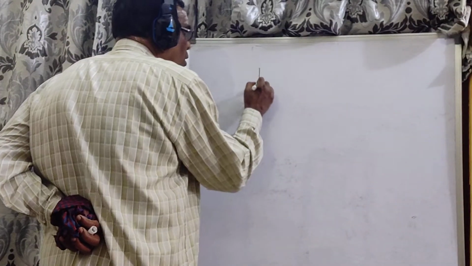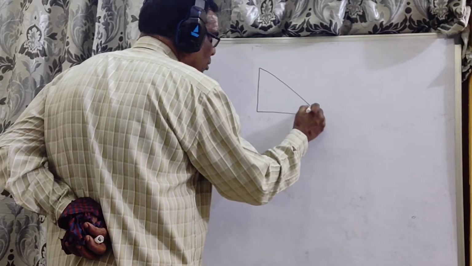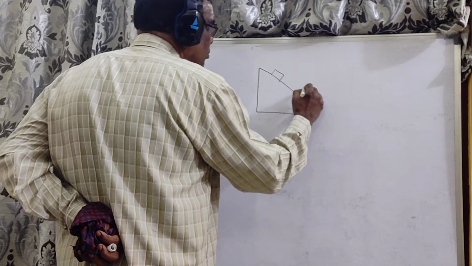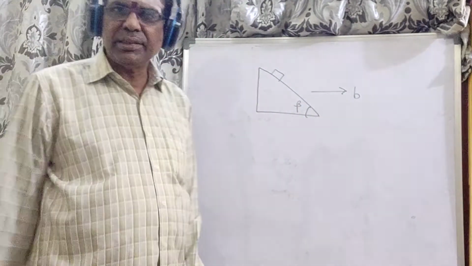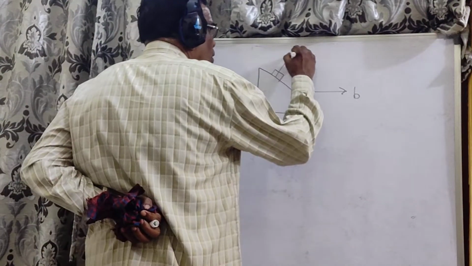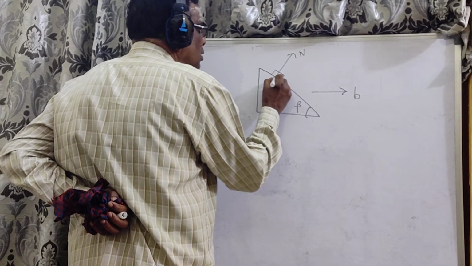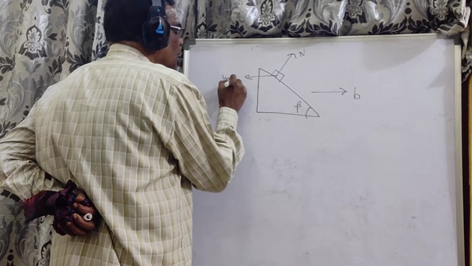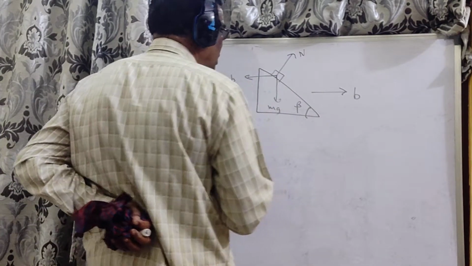Now, if I take the same thing, I am subjecting it to an acceleration b. What are all the forces that you have? N, and this is mb, mg. Okay?